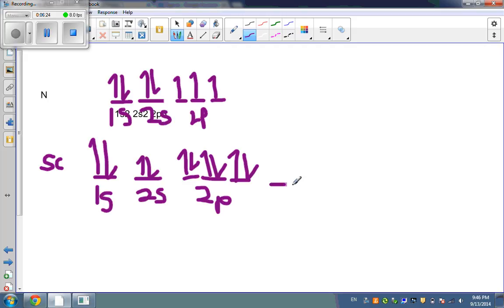After 2p comes 3s. So we'll put in our 2 electrons, one up and one down. And at this point, we have a total of 2, 4, 6, 8, 10, 12 electrons. We have 9 more to go. So after 3s comes 3p.